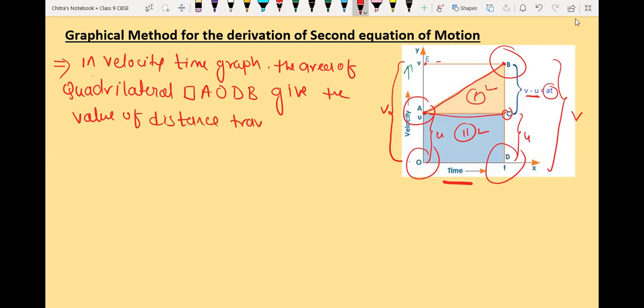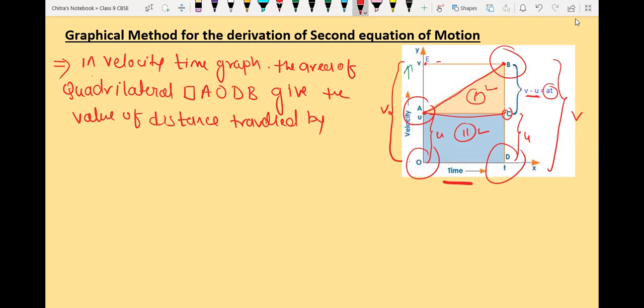Sir, the area of that quadrilateral is nothing but velocity into time? No beta, it is not velocity into time. We are discussing the area.